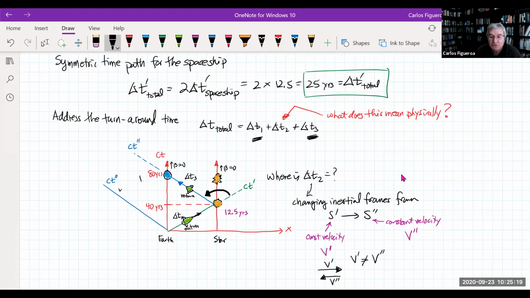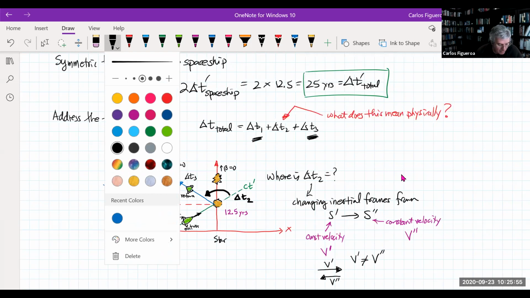So if you were to use the general theory of relativity, you would get this time T2, the time it takes to go from the prime frame to the double prime frame. And that's where that delta T2 time comes from. It's the changing of the inertial frames that causes you to do that, because nature does not have any sharp discontinuities. Okay, there are no sharp discontinuities. That's what I wanted to address here.